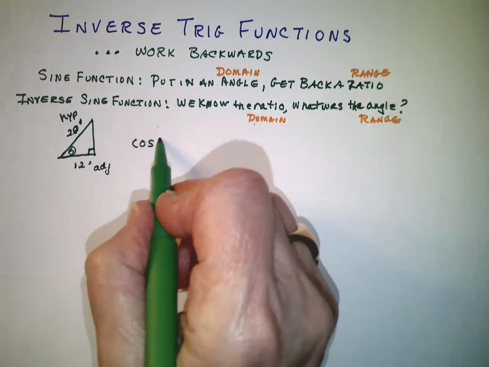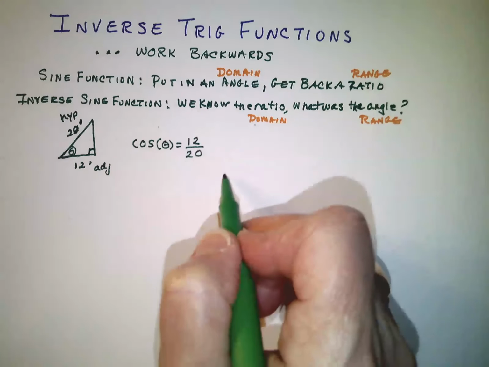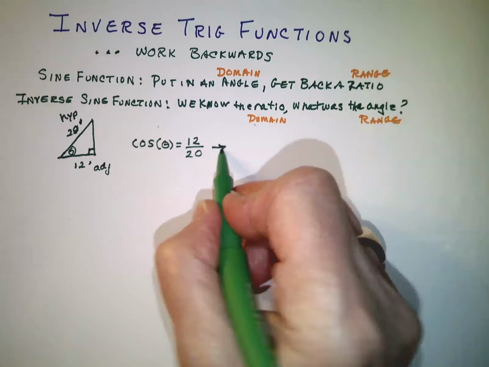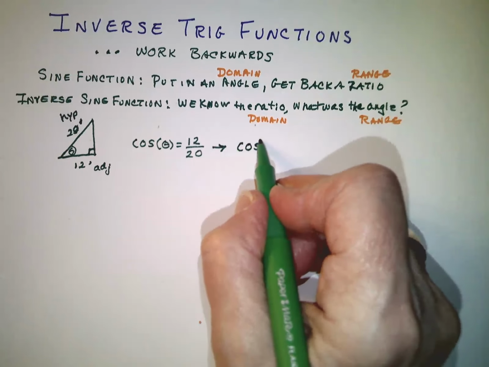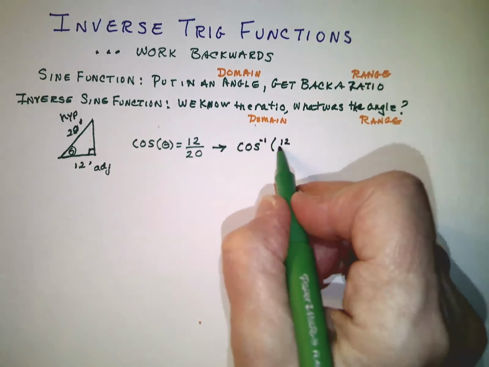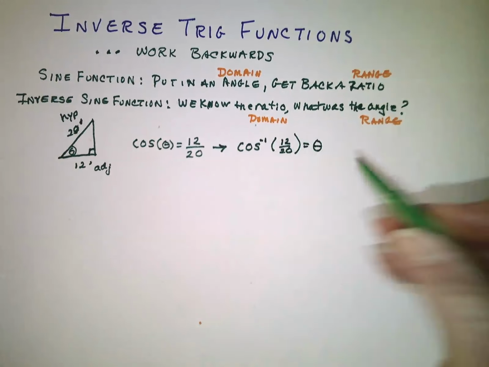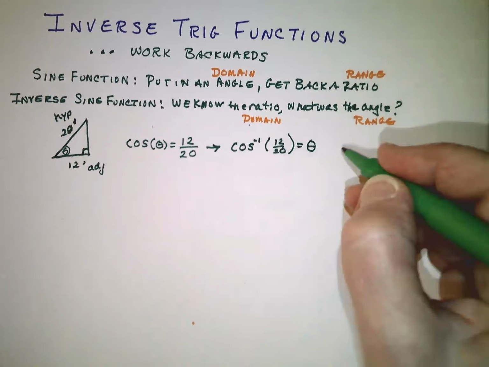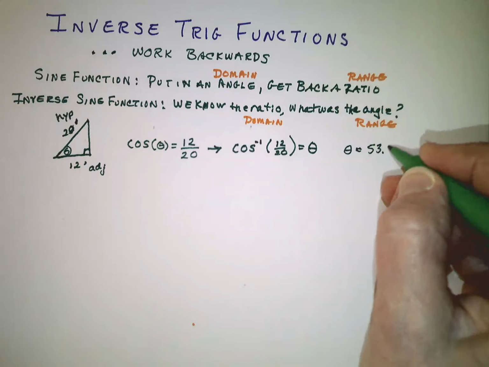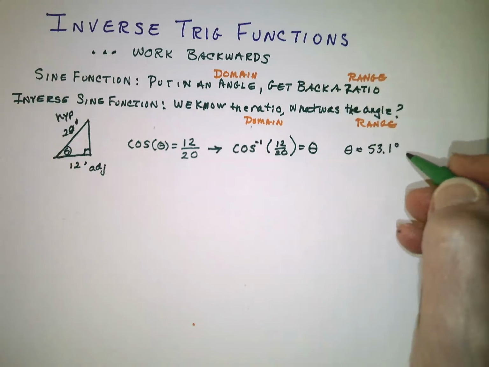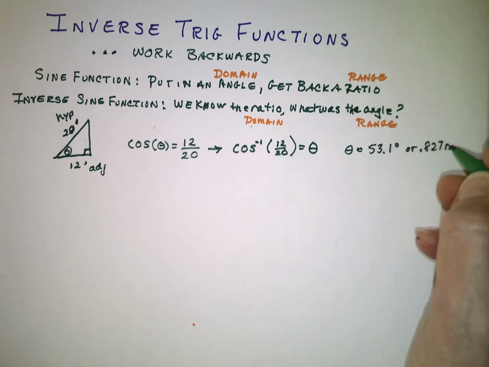We would be using the cosine of our mystery angle. Cosine theta has to equal 12 divided by 20. And then you already knew enough to use the inverse keys on the calculator that the inverse cosine of 12 over 20 is going to tell us our missing angle. And with the calculator helping us out, we find out that theta is approximately 53.1 degrees, or about 0.827 radians.